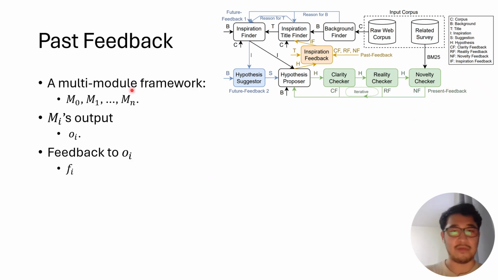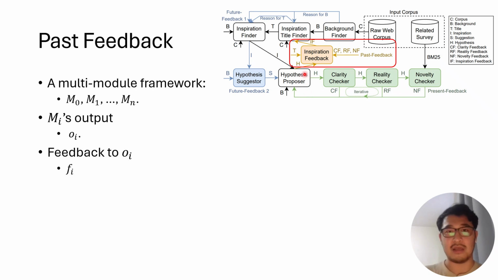Okay, for the past feedback, it is the same here, and the only difference is that some generations from some of the modules can be directly evaluated. For example, the hypothesis can be directly evaluated. We can know whether it's novel and whether it's valid.